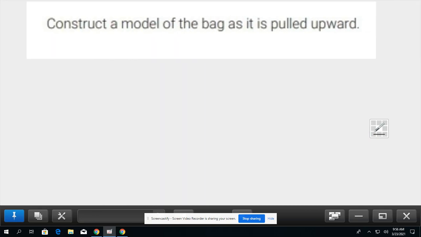After you've completed the chart, the second step is to construct a model, a free body diagram. Remember, in your free body diagram, you're going to build from the bottom up.